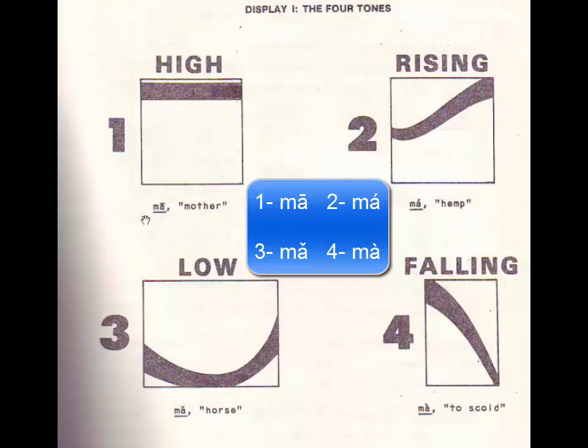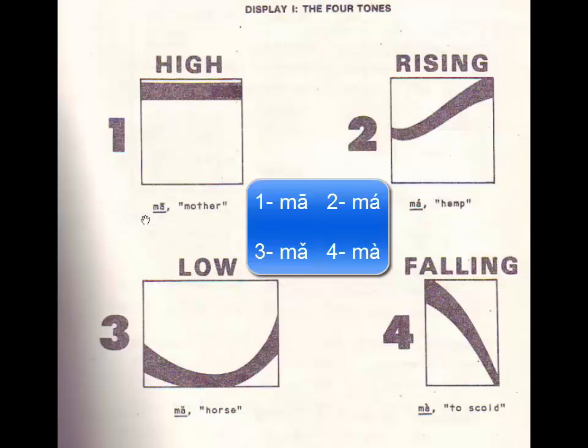Since we seldom use high level intonation in English, the high tone may strike you as sung rather than spoken. Try repeating mother after the speaker, taking care to stay on the same high note throughout. Ma, ma, ma. If you're getting it right, high and level, it should feel somewhat unnatural.